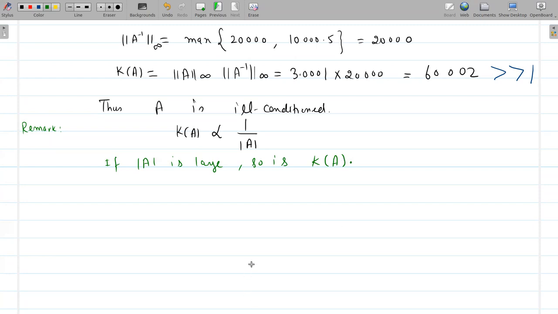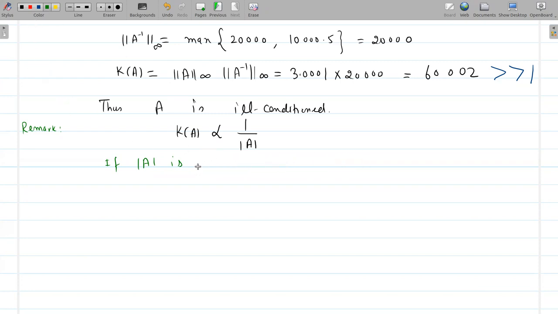Okay, any doubt in this definition? Sir, if determinant of A is large, then according to the relation K of A should be small, because you have written inversely proportional. No, yes, inversely, sorry, I said it the wrong way.